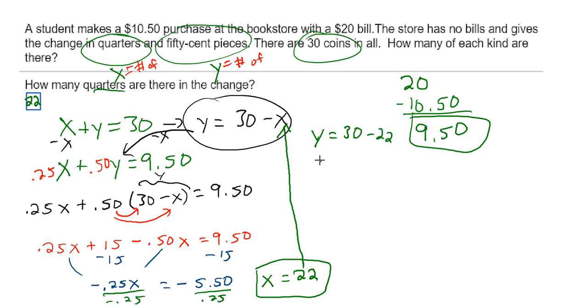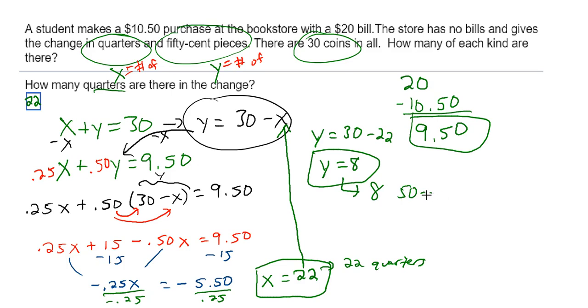So we'll get 30 minus 22, which gives me 8. And so that'll be the number of 50-cent pieces. So there'll be 22 quarters and 8 50-cent pieces. Whoops. Okay, I'm going too fast here, I guess. So, all right. So that is how that problem goes.